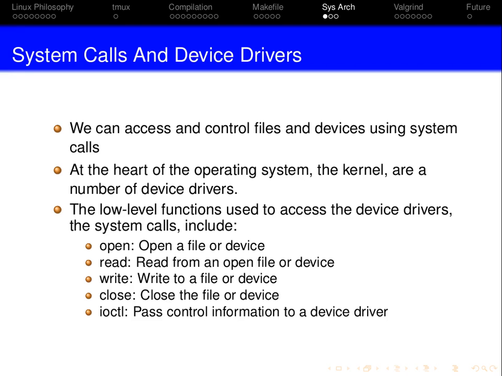Low-level functions: you open a file, read, write, close, and something called ioctl. Just note that your standard libraries like clib and C++, the STL, they're calling this in the background for you on your behalf. As long as you adhere to the C or C++ interface, you don't have to worry about all these details happening, but it's good to keep it in mind.